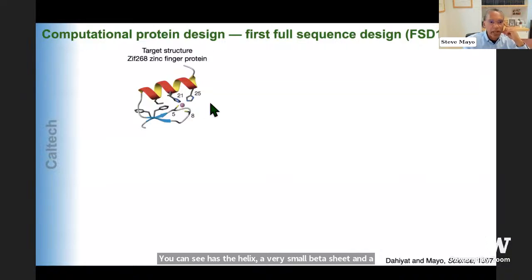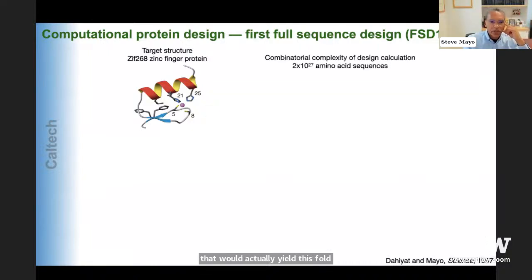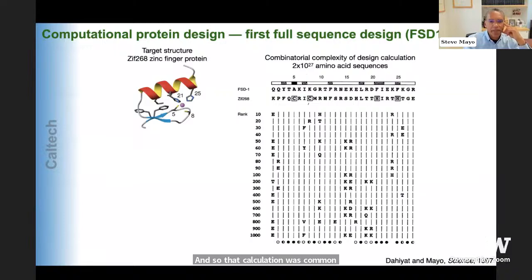And so in our hands, what we wanted to do was to remove the requirement for zinc binding and compute a sequence that would actually yield this fold. That calculation had a combinatorial complexity of 10 to the 27 amino acid variants. Here's the full sequence design 1 compared to ZIF268.